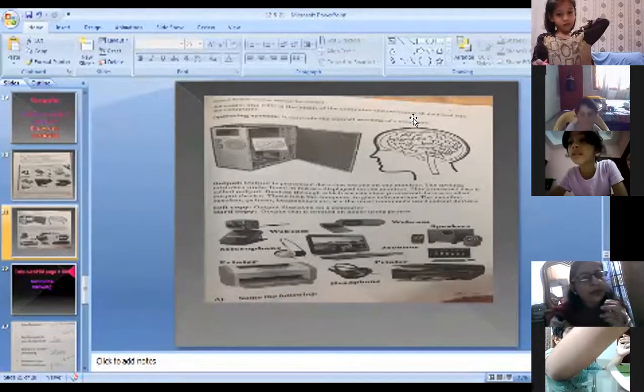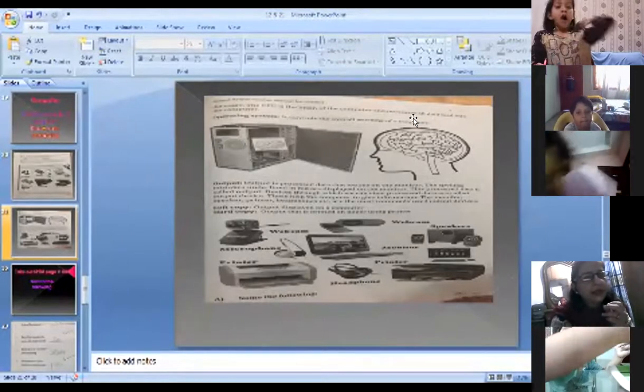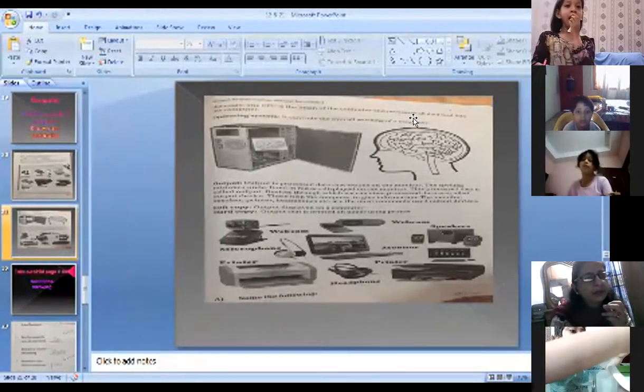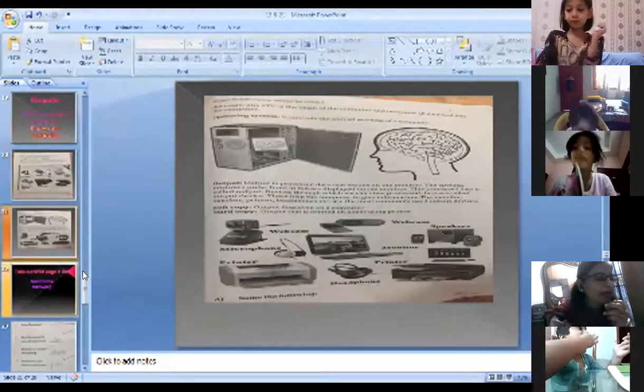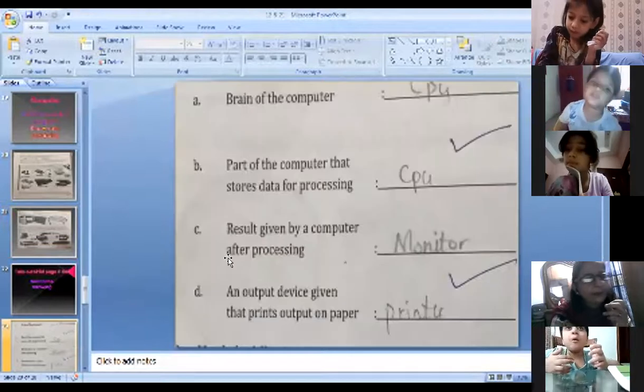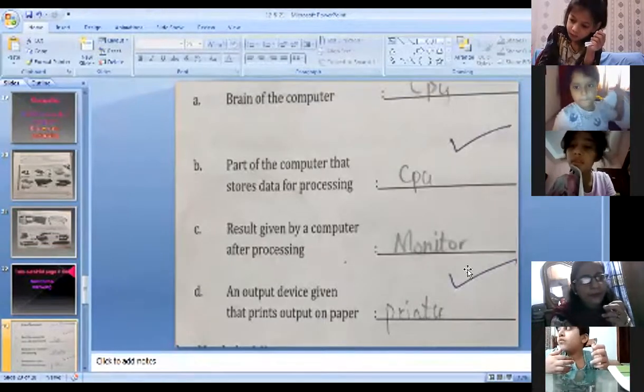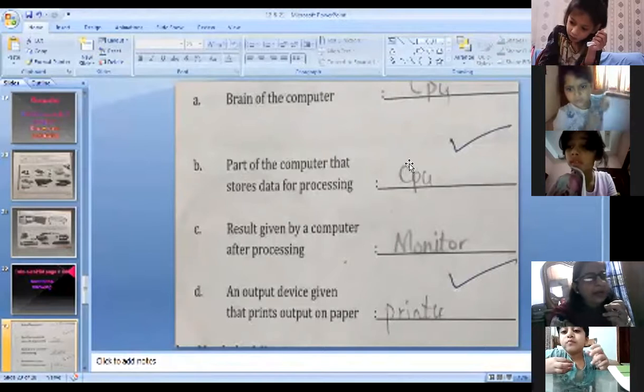Who is going to store the data in the computer, process in the computer? CPU. So what are you all writing here? CPU. Part B, you write here CPU.